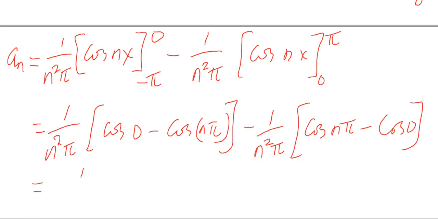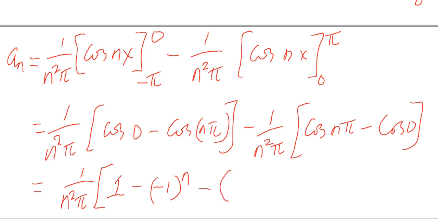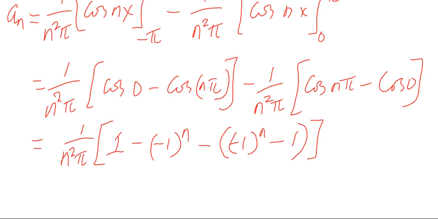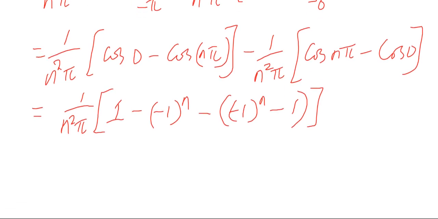Now we note that 1 over n squared pi is common in all the terms here. So we have cosine of 0, which is 1. Cosine of n pi is minus 1 raised to power n, as we had seen earlier. Then in the second terms we have minus 1 raised to power n, which is cosine of n pi, then cosine of 0, which is 1.